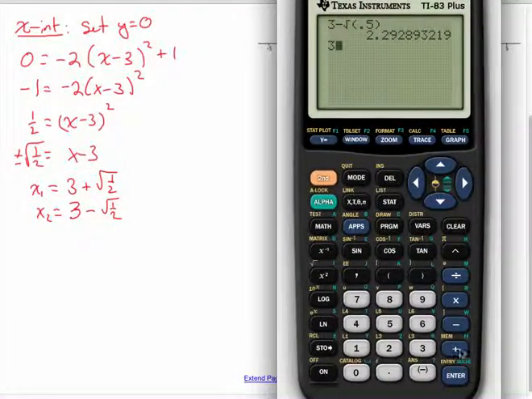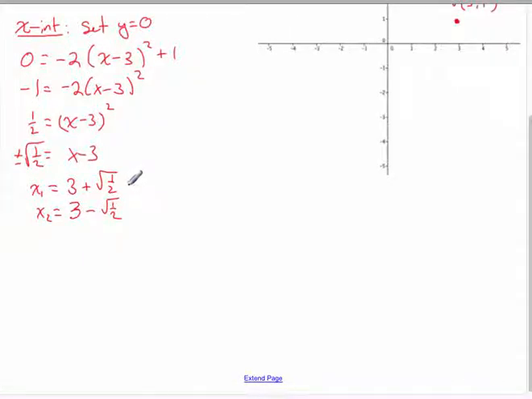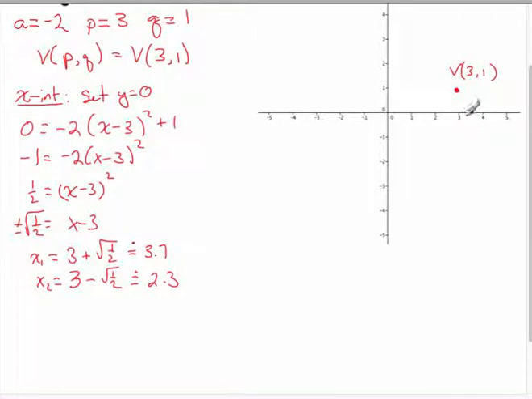And the other one, 3 plus the square root of 1/2, is 3.7. So 2.3 and 3.7. So about 3.7, and about 2.3. So 3.7 we'll say is about there. 2.3 we'll say is about there.